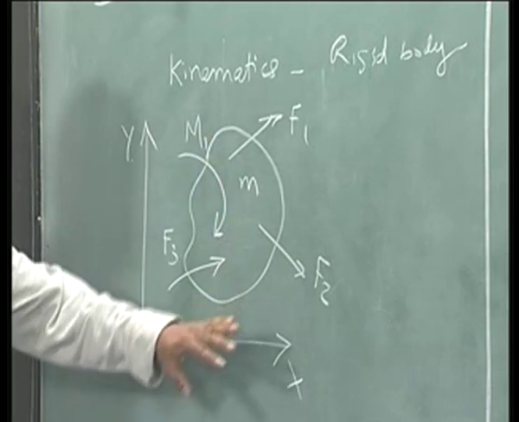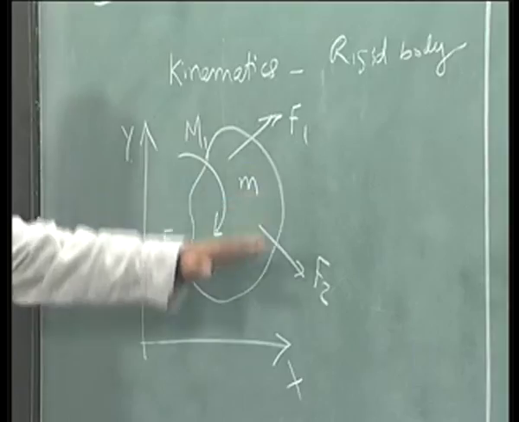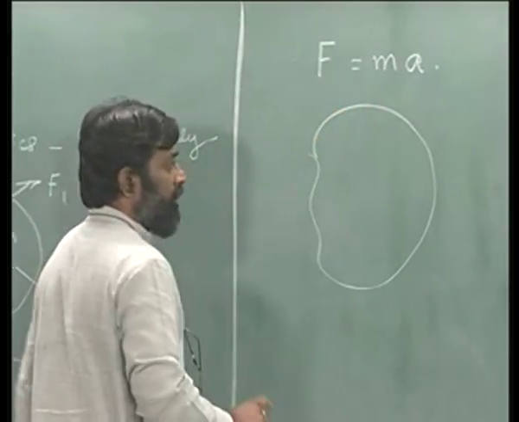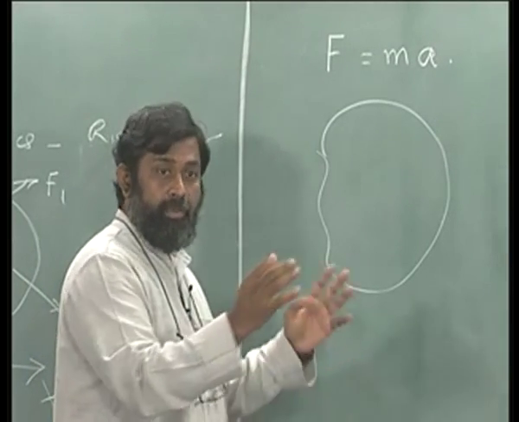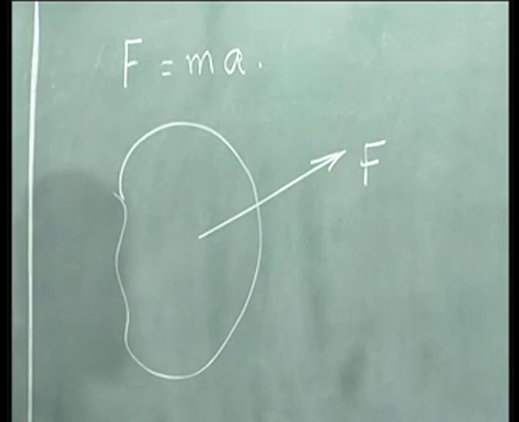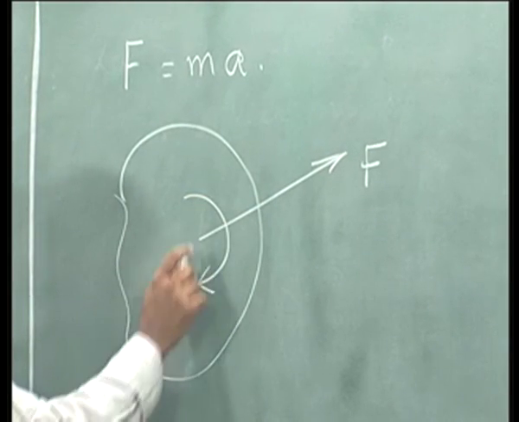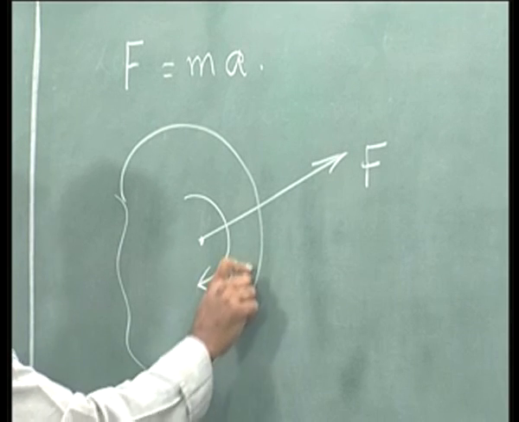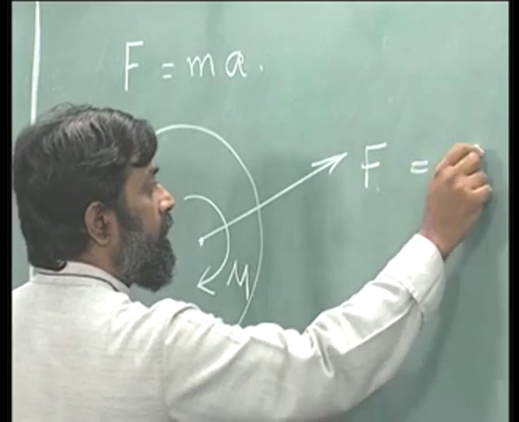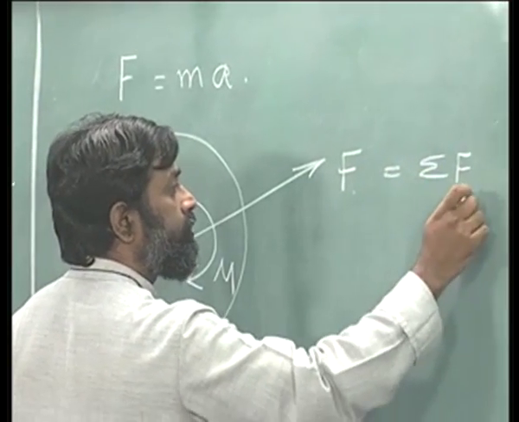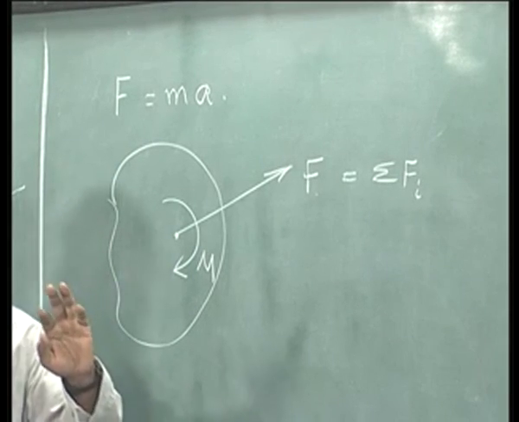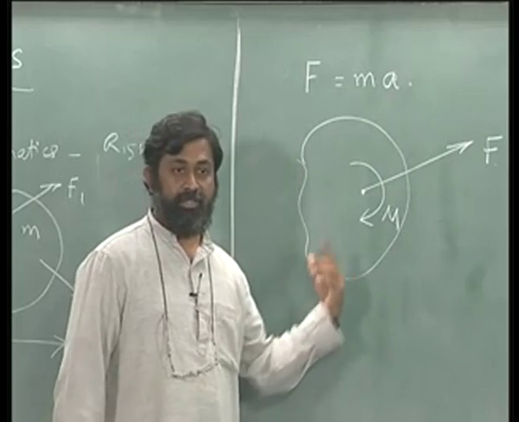What we did there is we looked at all these forces, finally we put them all together and said there is a resultant force and a resultant moment at a particular point that I can take, okay, where this is the sum of all the forces and this is the sum of all the moments and the moment of the forces.